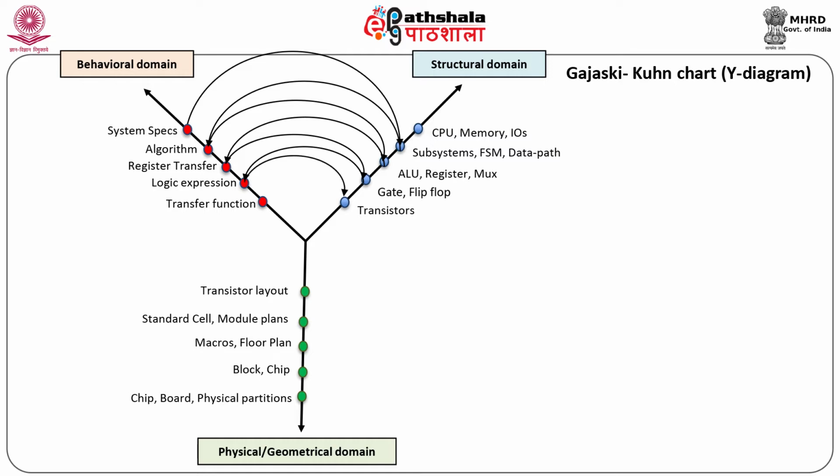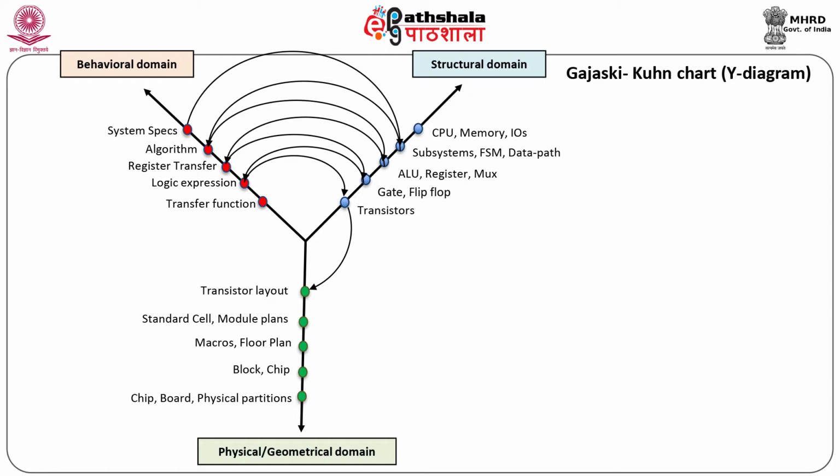During this top down approach, starting from behavioral domain at top level, the process of design reaches the bottom of structural domain at transistor level. The IC layout is not considered during this top down design approach.